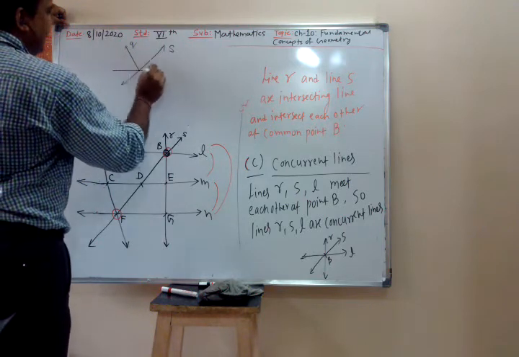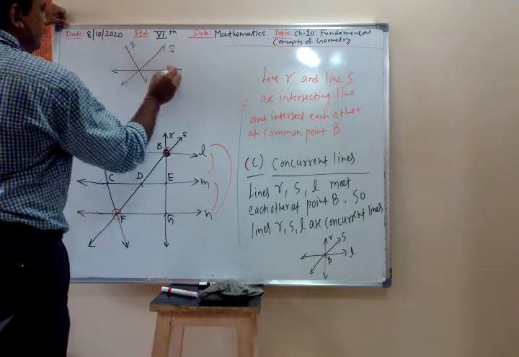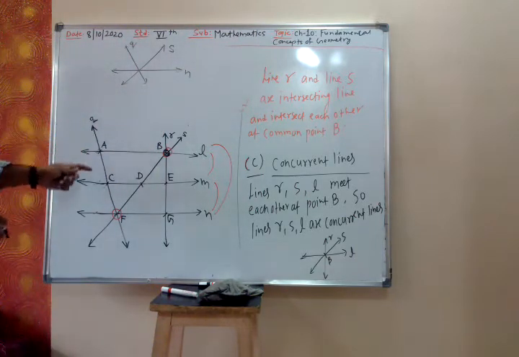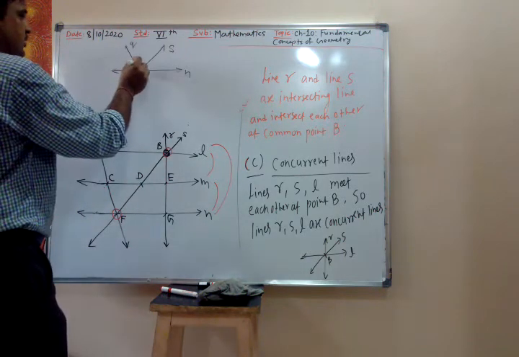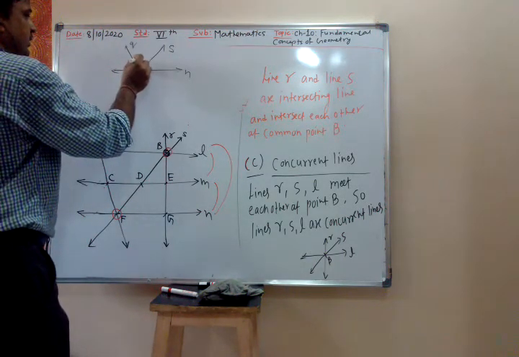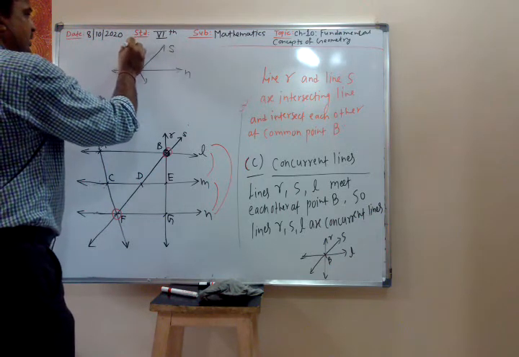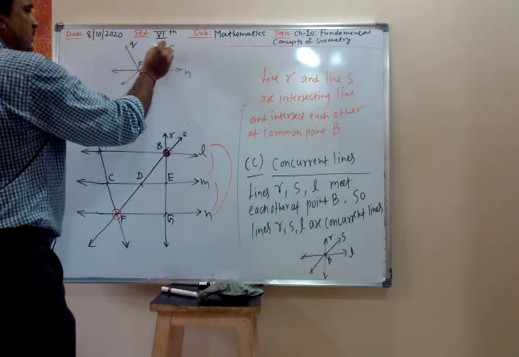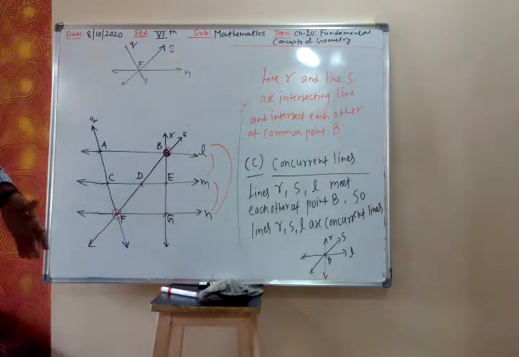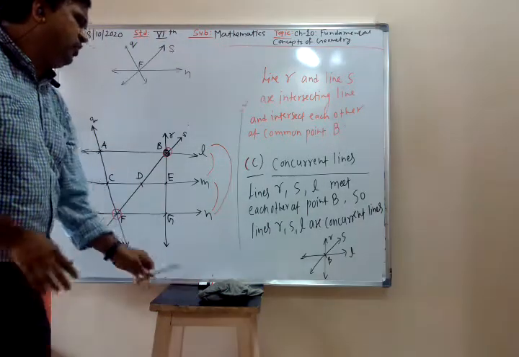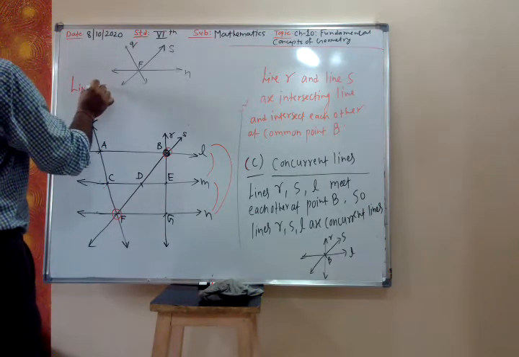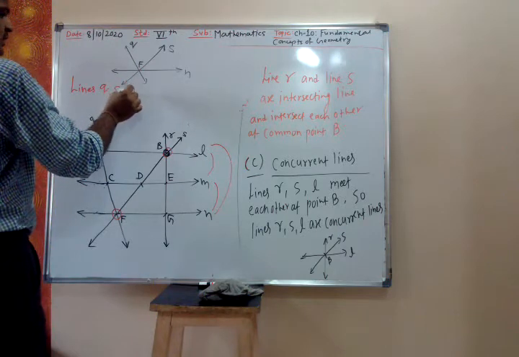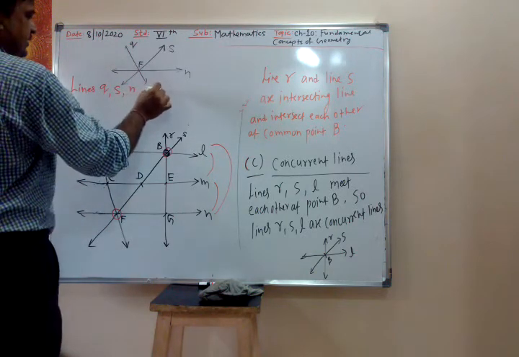And the third is my line N. So Q, S, N meet each other at common point F. Draw this diagram separately. You can draw after writing, no problem. So lines Q, S, N meet each other.